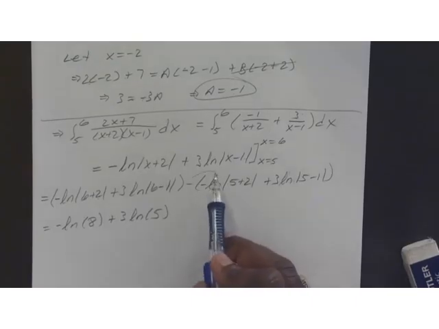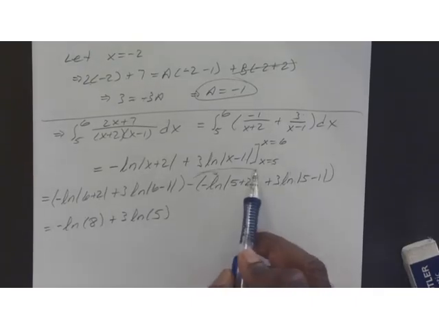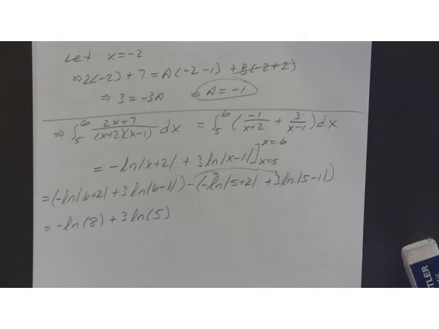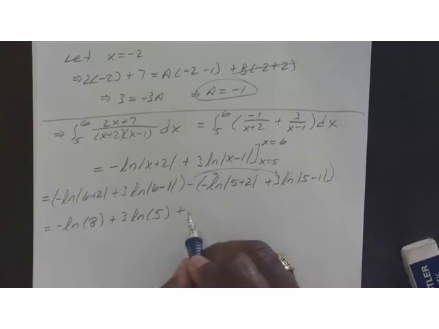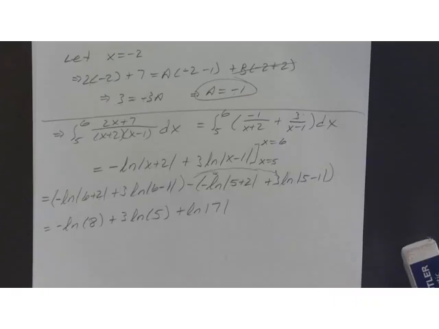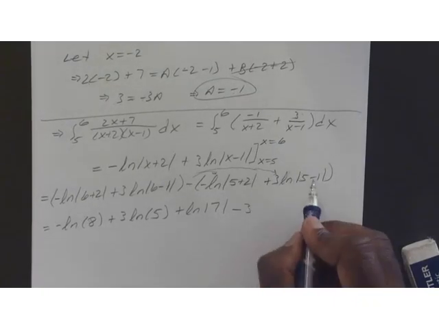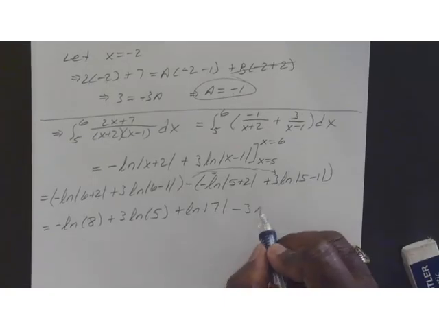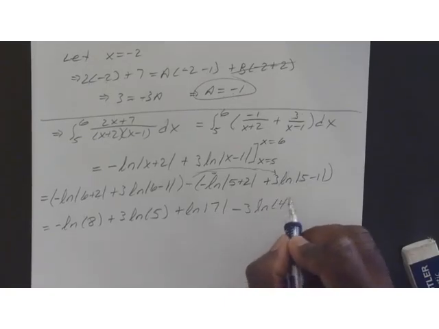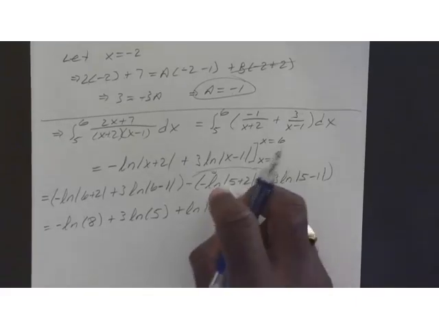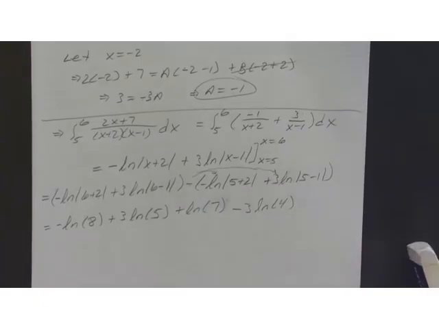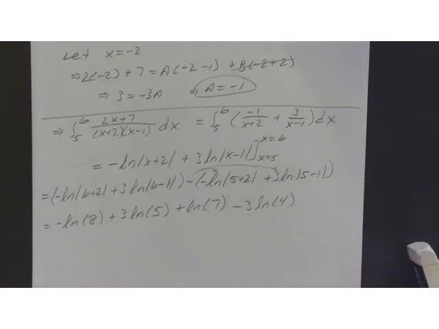And if we distribute this negative 1, we can go ahead and save a step. So negative times negative is positive, so that's plus the natural log of 5 plus 2, which is 7, minus 3 times the natural log of 5 minus 1, which is 4. And again, we don't need the absolute value because we know the argument is positive.